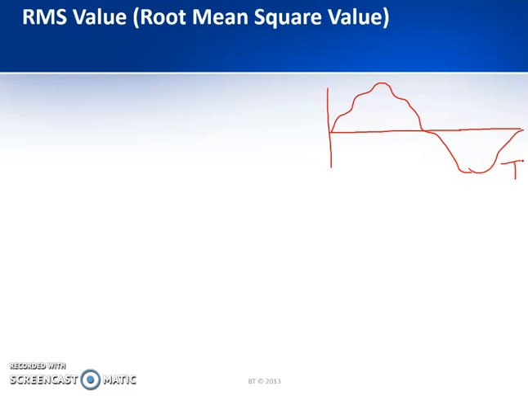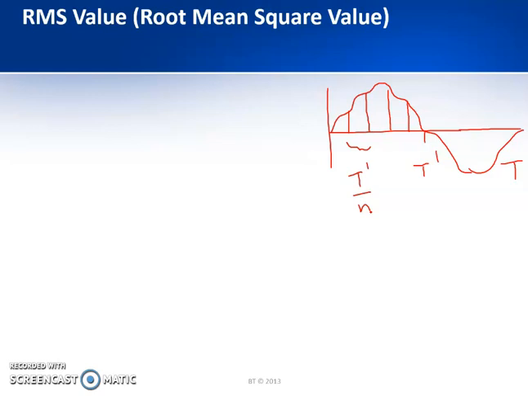Let us call that half cycle T dash. Now we will divide this T dash time period into a number of intervals. Let N be the number of intervals. That means each interval will be equal to T dash by N, where N is the total number of intervals.